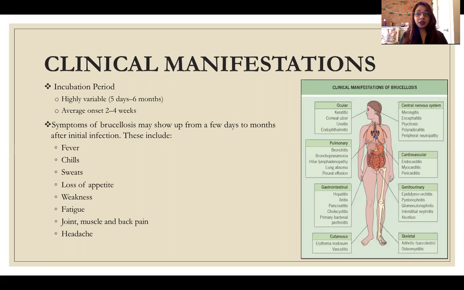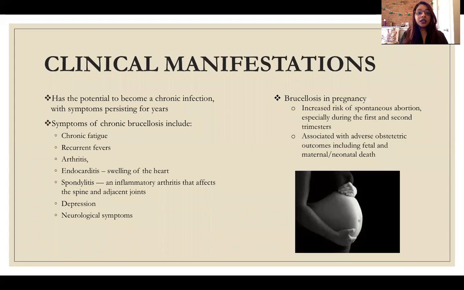The symptoms are typically flu-like, and they include fever, chills, sweats, loss of appetite, weakness, fatigue, joint, muscle, and back pain, as well as headaches. Brucellosis also has the potential to become a chronic infection with symptoms persisting for years. Symptoms of chronic brucellosis include chronic fatigue, recurrent fevers, arthritis, endocarditis, spondylitis, which is an inflammatory arthritis, depression, and neurological symptoms.